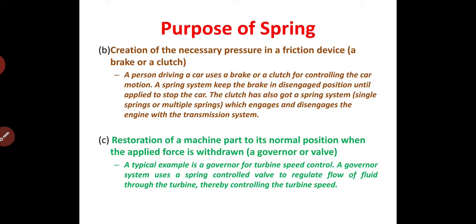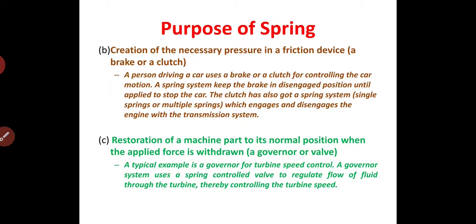Purpose of spring again: creation of necessary pressure in a friction device, that is brakes and clutches. A person driving a car uses a brake or clutch for controlling the car motion. When you apply a brake, the brake is returned back by the force of the spring. You are pushing the brake pedal against the tension of the spring.